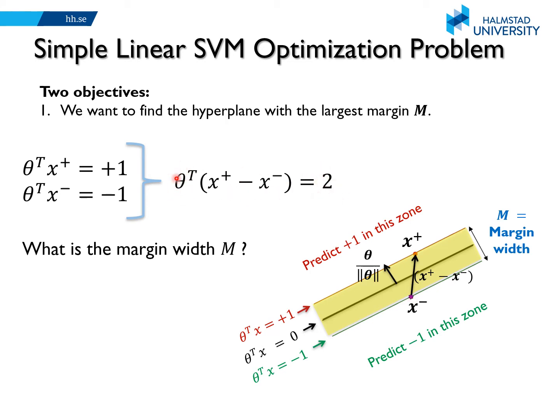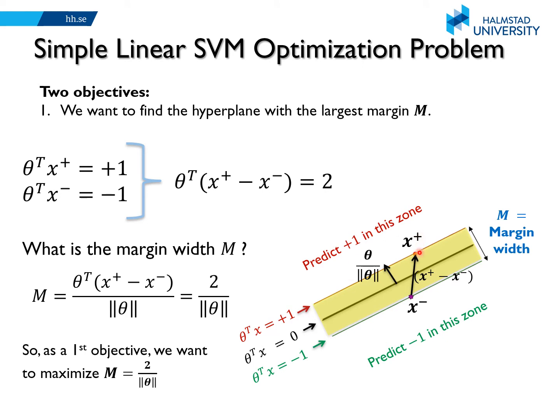The parameters vector theta defines the hyperplane. So it is used in this equation, theta transpose x equals 0. And this parameters vector theta is a vector which is orthogonal to the hyperplane. And here theta is divided by the norm of theta, just to have a vector of a unit length. And this vector difference, x plus minus x minus, is here.